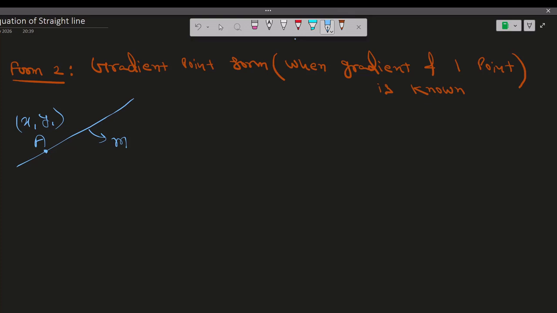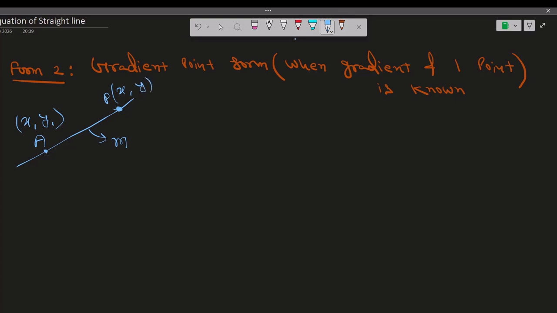We have to find the equation of this line. The key is to find the condition. An equation is just a condition, so we have to find a condition that all points lying on this line must satisfy. For that, let us take a variable point P with coordinates x, y.